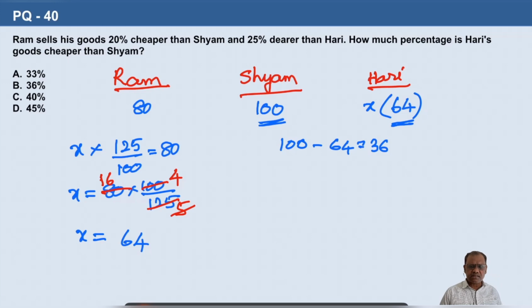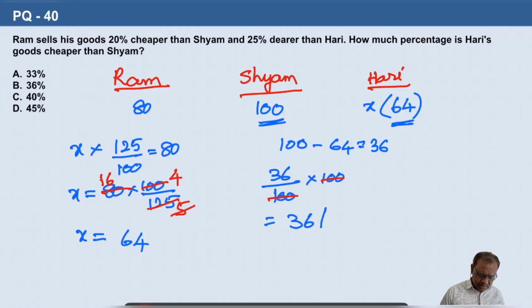So 36 is how much percent cheaper than 100? 36 is how much percent of 100? So obviously it is 36%. So Hari is 36% cheaper than Shyam. Option B is the right answer.